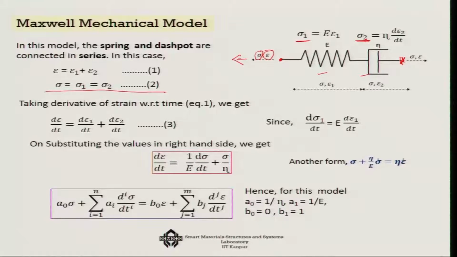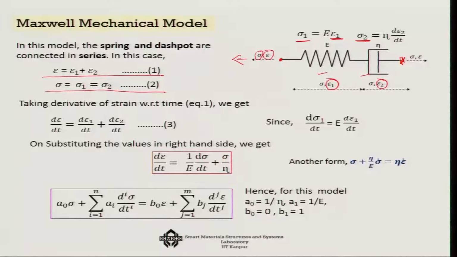In this case the total strain epsilon is actually the strain that is shown by the spring, epsilon 1, and the strain that is shown by the damper, which is epsilon 2. So our total strain, given by the first equation, is actually epsilon 1 plus epsilon 2.